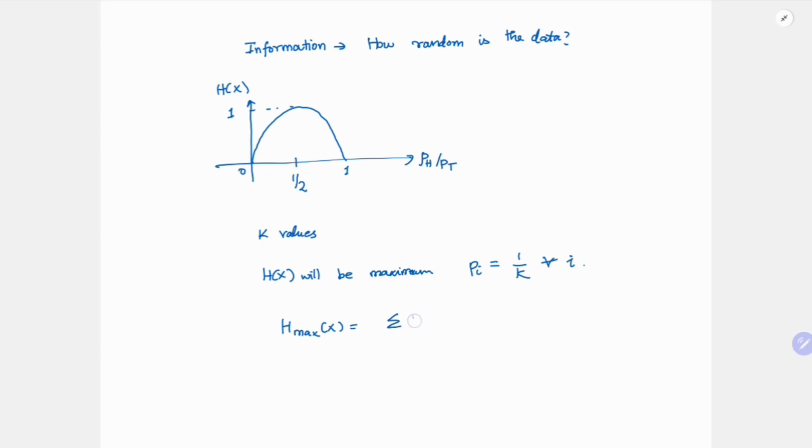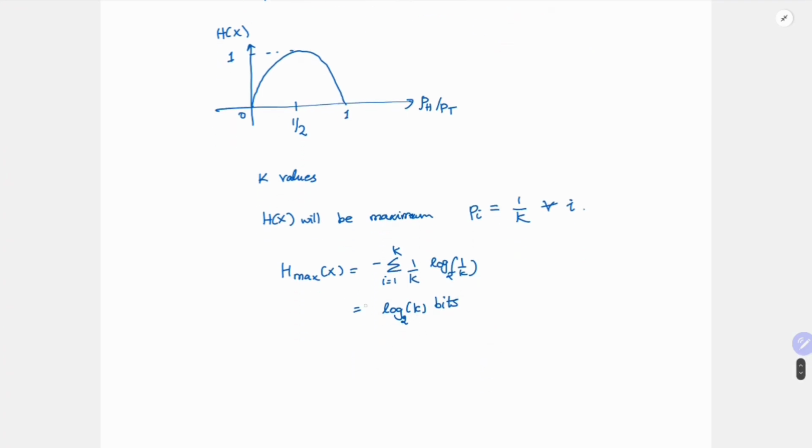This is nothing but the summation over i equal to 1 to K of (1/K) log of (1/K). Everything is equal, so this 1/K into K will cancel, and you will be left with minus log of 1/K, which is nothing but log K. The base is 2, so it is in bits. So log2 K bits is the maximum, and your H(X) is always less than or equal to log2 K bits.